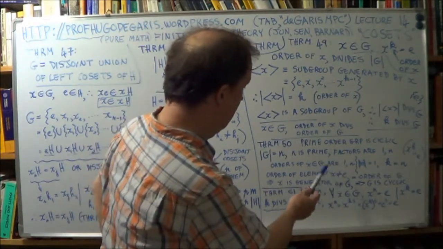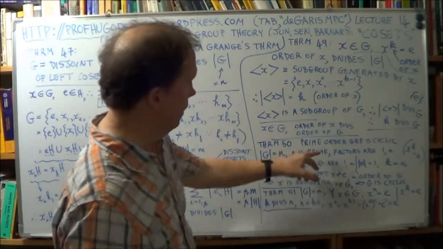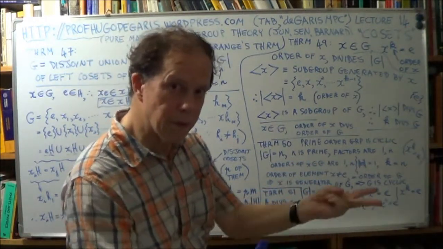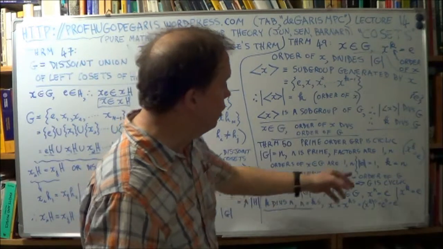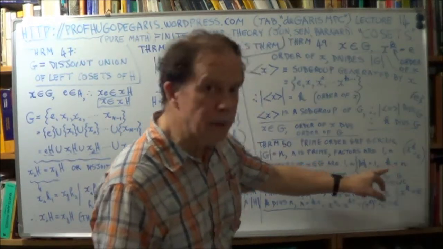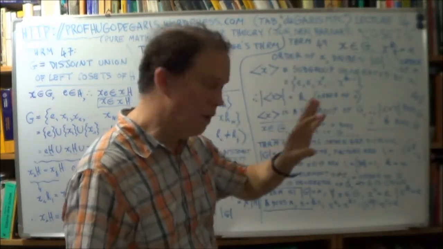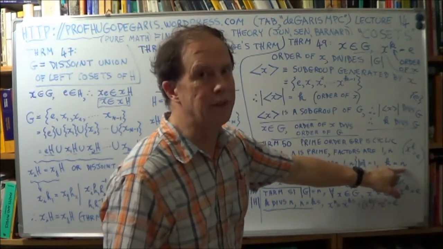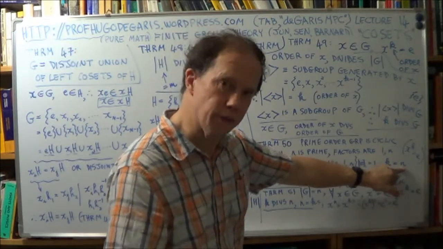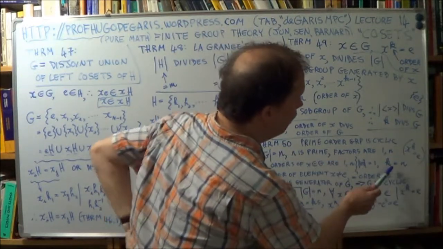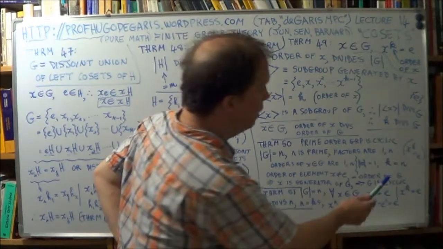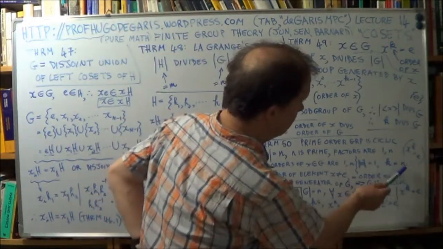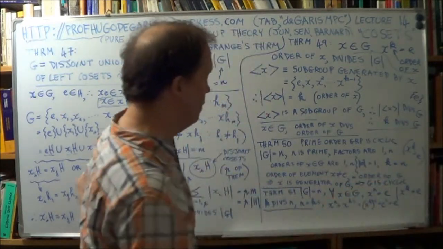Now, the orders of your elements, because n is a prime number, are 1 or n. That's all there are. If it's not 1, it has to be n. So the order of your element is now equal to the order of your group. K is n, the only other factor possible.